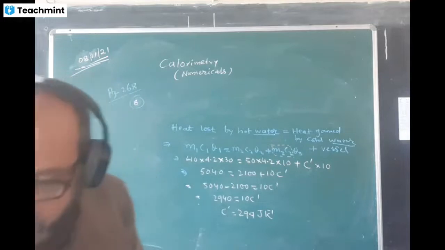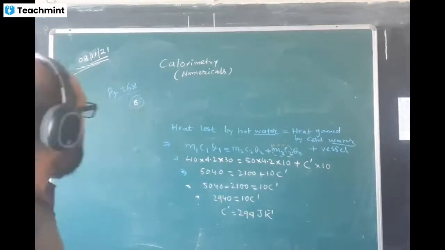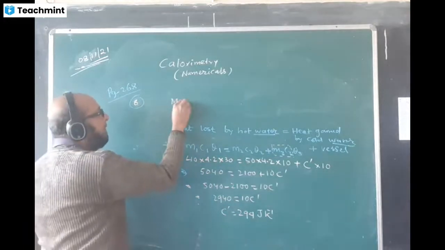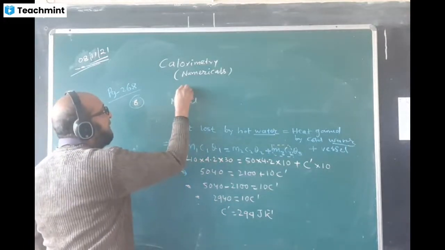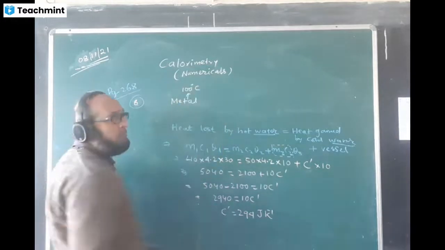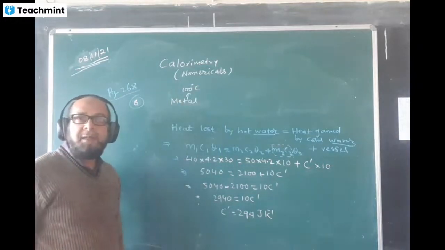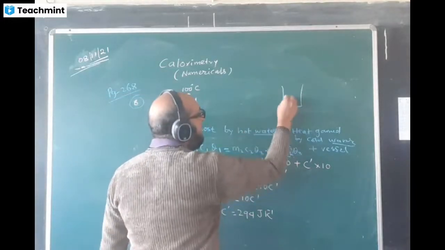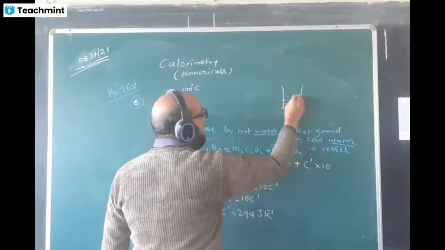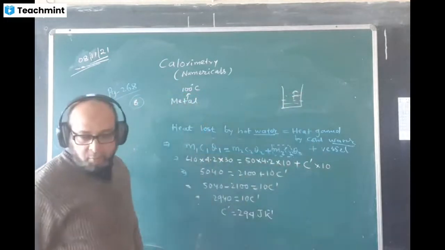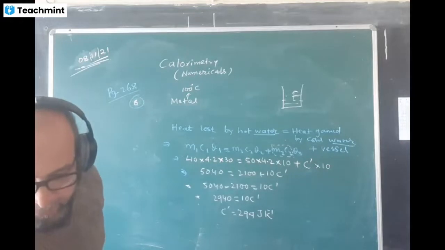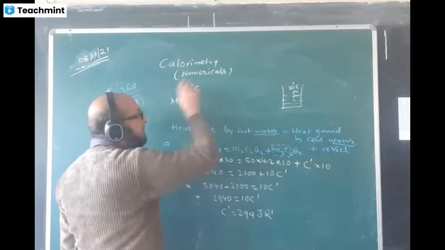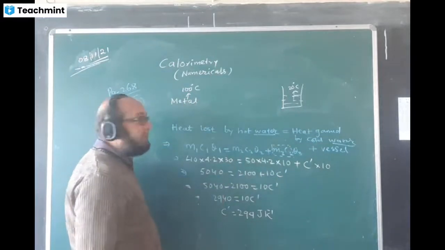So, I read the question. Now I'll just explain to you what is happening. There is a metal. Metal was heated to a temperature of 100 degrees Celsius, and then it is put into a calorimeter which is containing water. Calorimeter is nothing but a container, like this vessel, in which there is cold water. Temperature of cold water given was 20 degrees Celsius before it is put in that container.